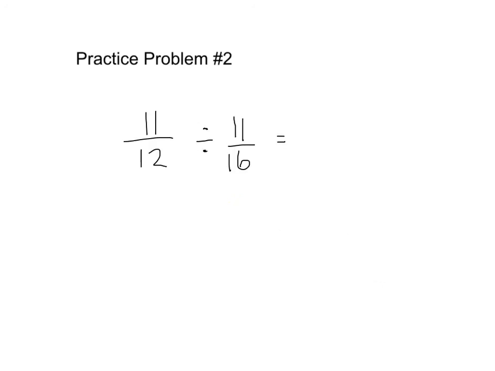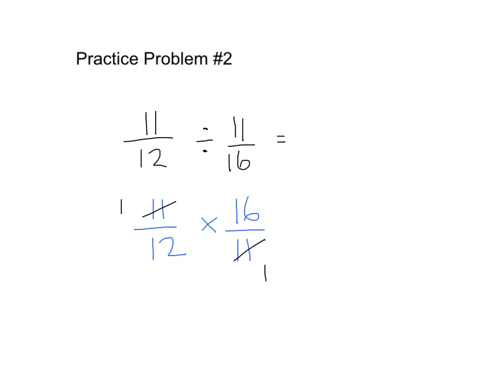Practice problem number 2. Pause. Hopefully you rewrote this problem as 11/12 times 16/11. I'm going to look for places where I can cross cancel, which is 11 can divide by itself.